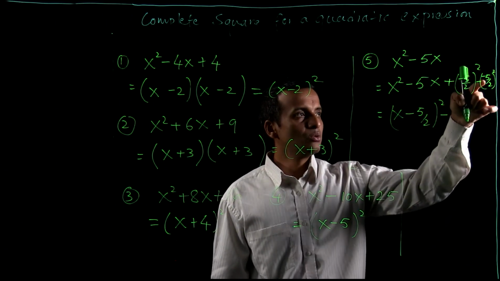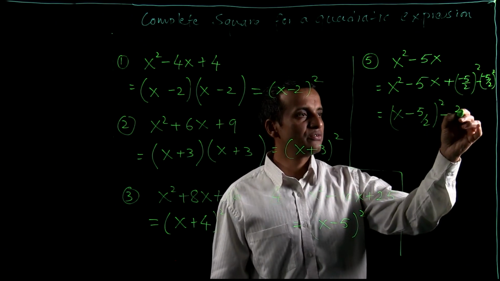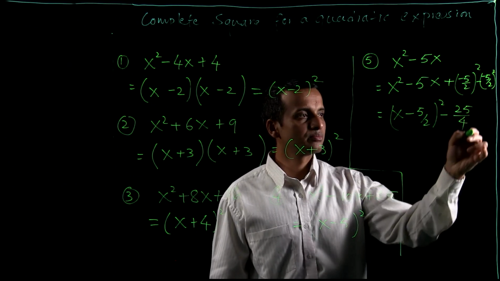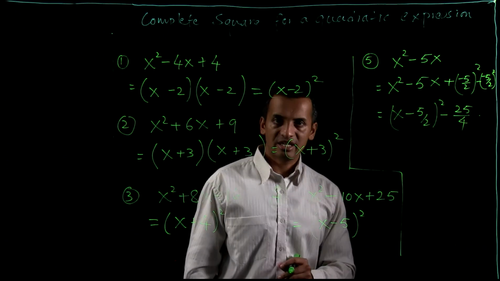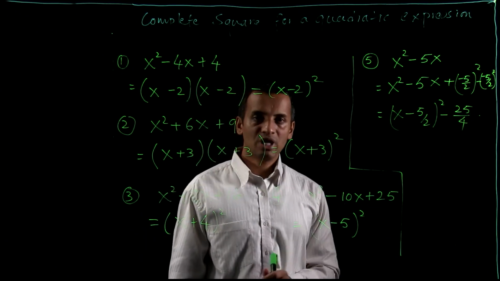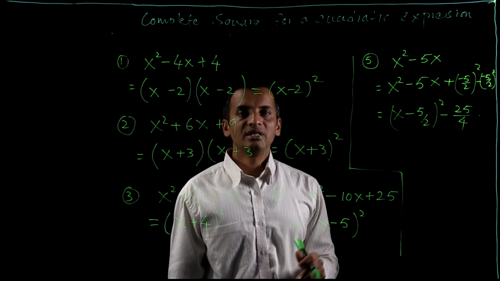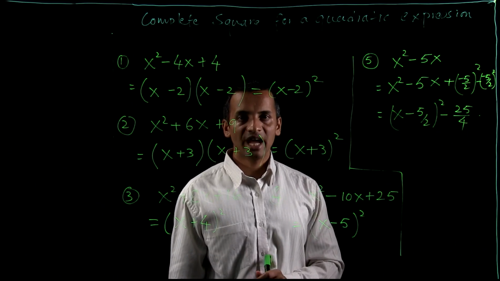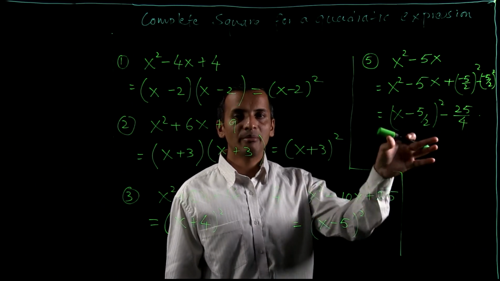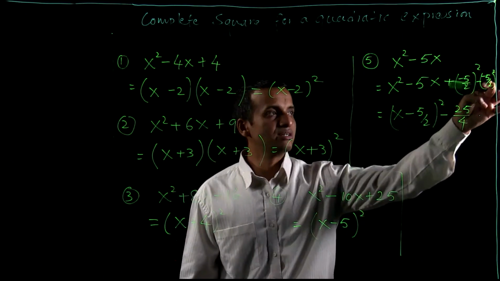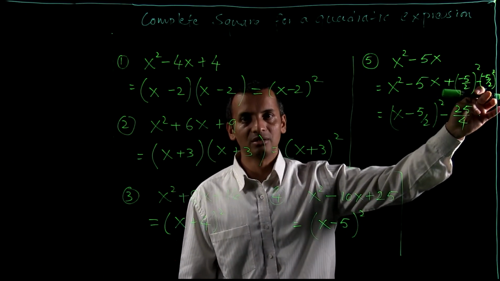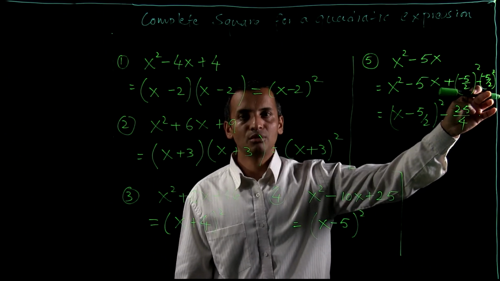And then minus what is (negative 5 over 2) squared? That is 25 over 4. That's it. If only two terms are given, you can add and subtract the square of half of the coefficient of x, combine the first three terms as a square, and then subtract the thing you added in the previous step. Okay, thank you guys for watching.